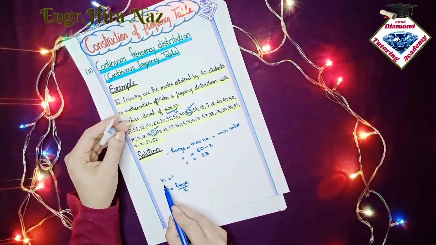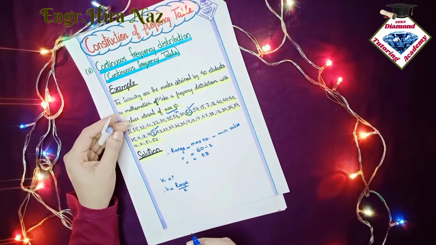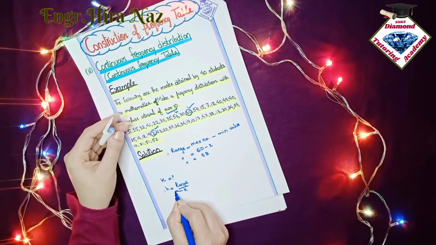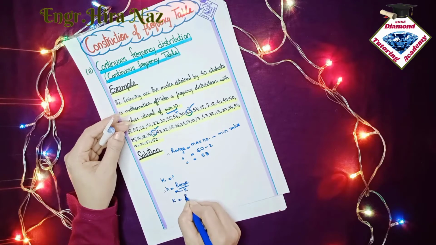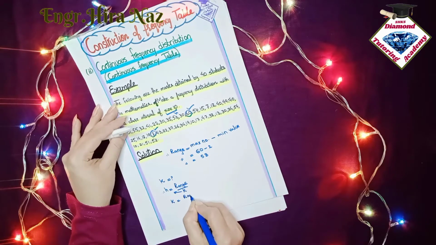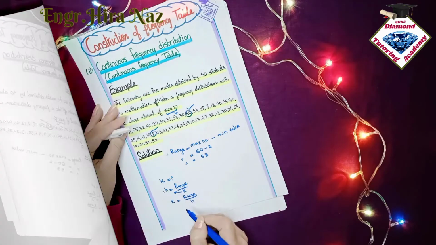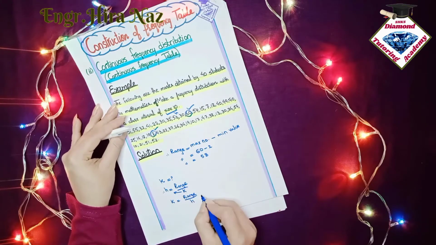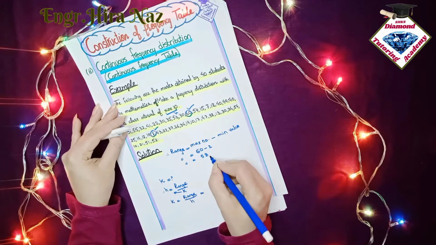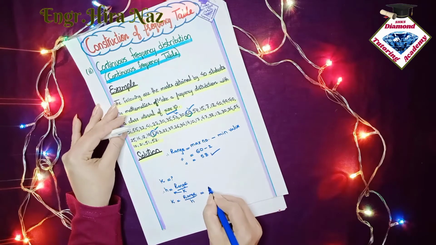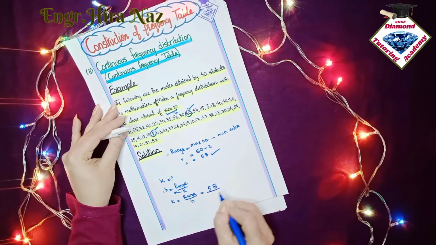To find K, we can rearrange this formula. We just swap their places, so K equals range divided by H. For range we have 58 in our example, and for H the size is given, that is 10.